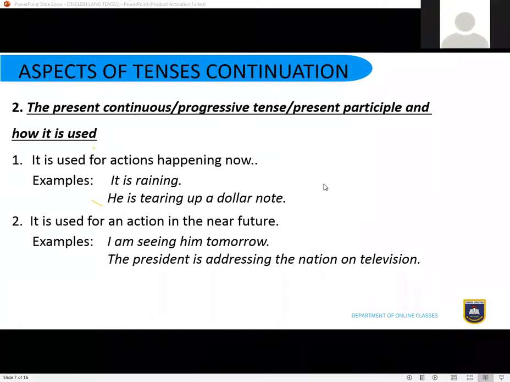Your mom is going to the market. Okay, so identify the verb for us, and indicate the tense also for us.